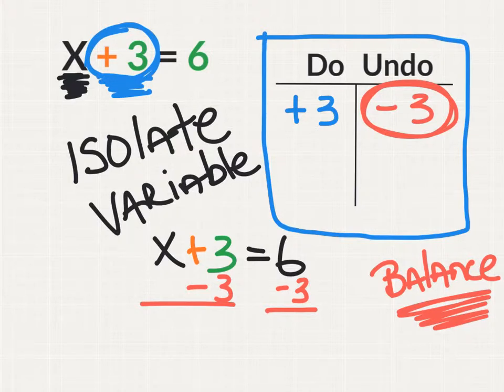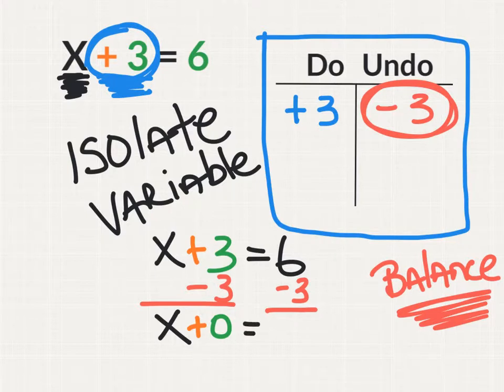So now we work to solve our problem. We're subtracting 3 from both sides of this equation. So we have x. Positive 3 and negative 3 are opposites. Opposites make 0. So we have plus 0 equals 6 minus 3.